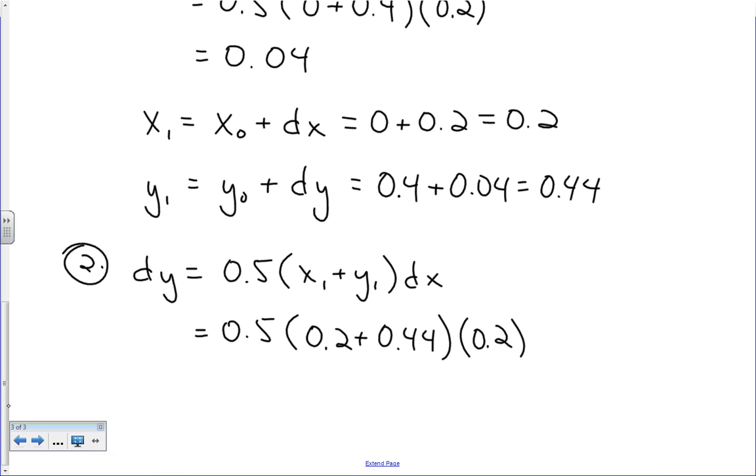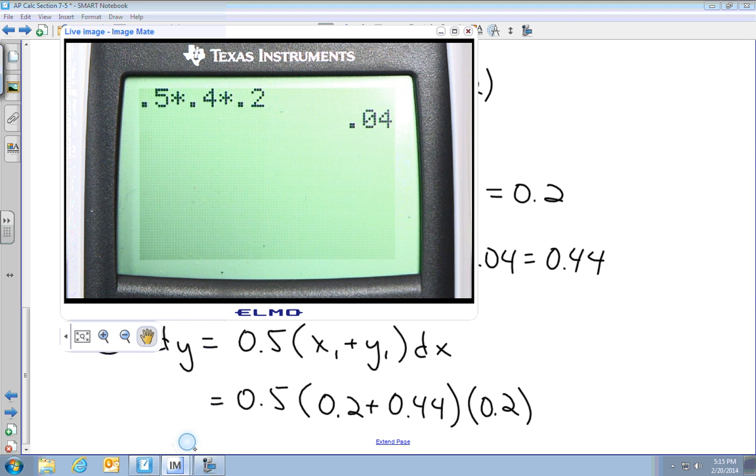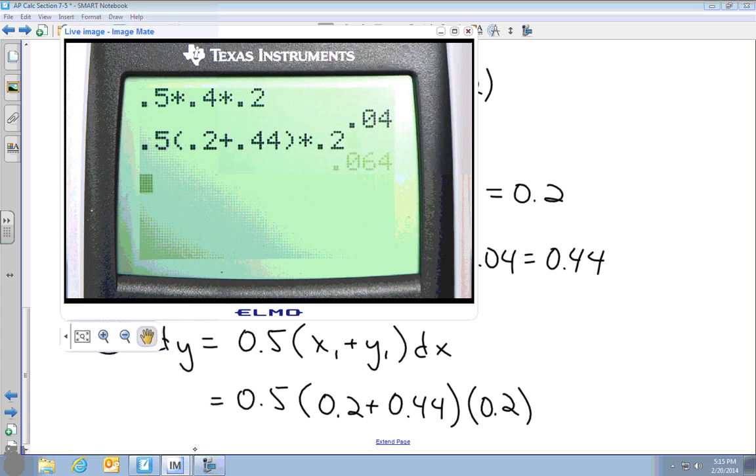And again, I'm going to punch that into my calculator just to get that value. So we have 0.5 times 0.2 plus 0.44 times the 0.2, and we get 0.064.